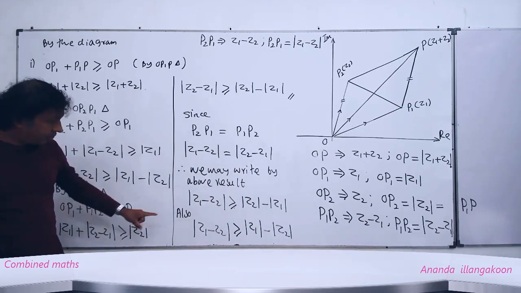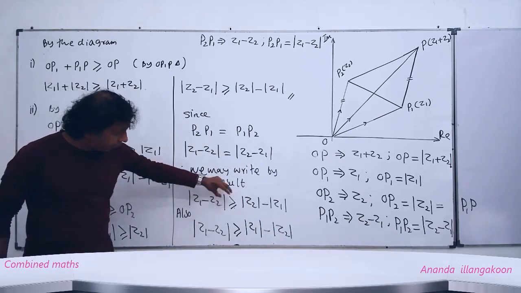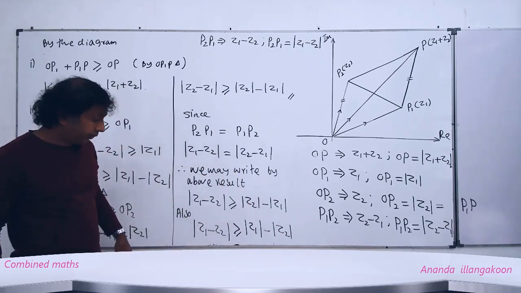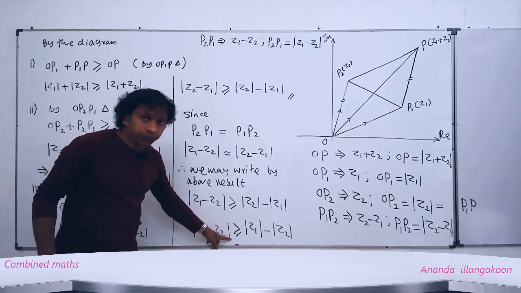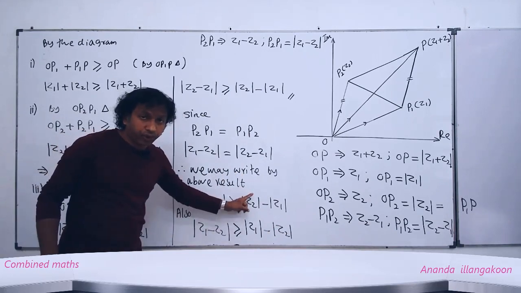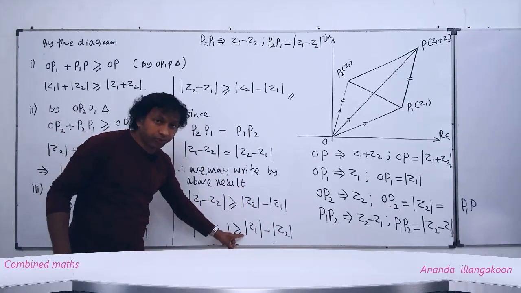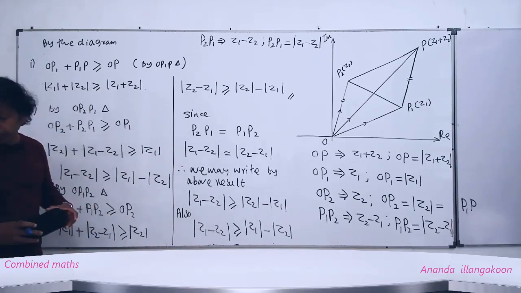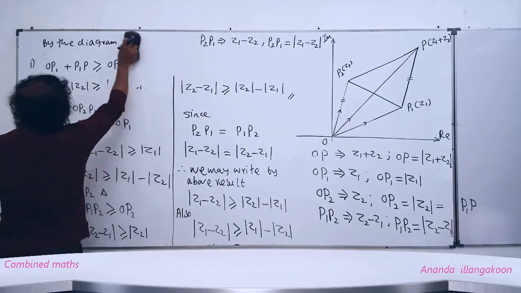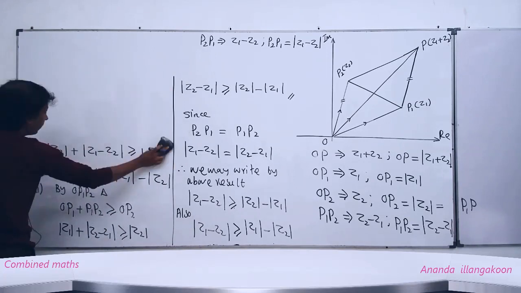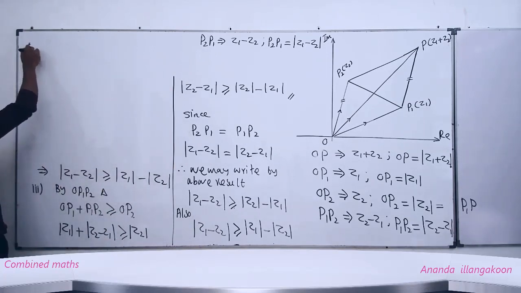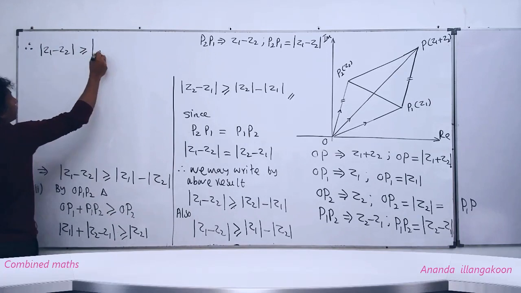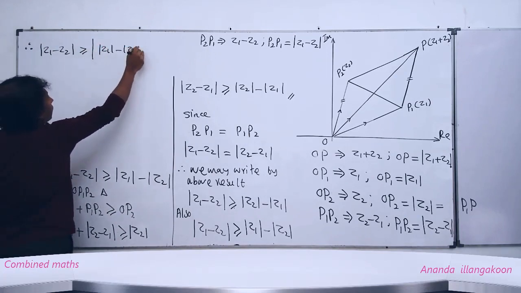See here, the same thing is available on the left hand side. On the right hand side we have a different order. Therefore, people, I can write this one greater than or equal to the modulus of one of these two. I will take the modulus of this. Then we get the next answer. Write down the next one. Therefore, mod Z1 minus Z2 is greater than or equal to the modulus of mod Z1 minus mod Z2.